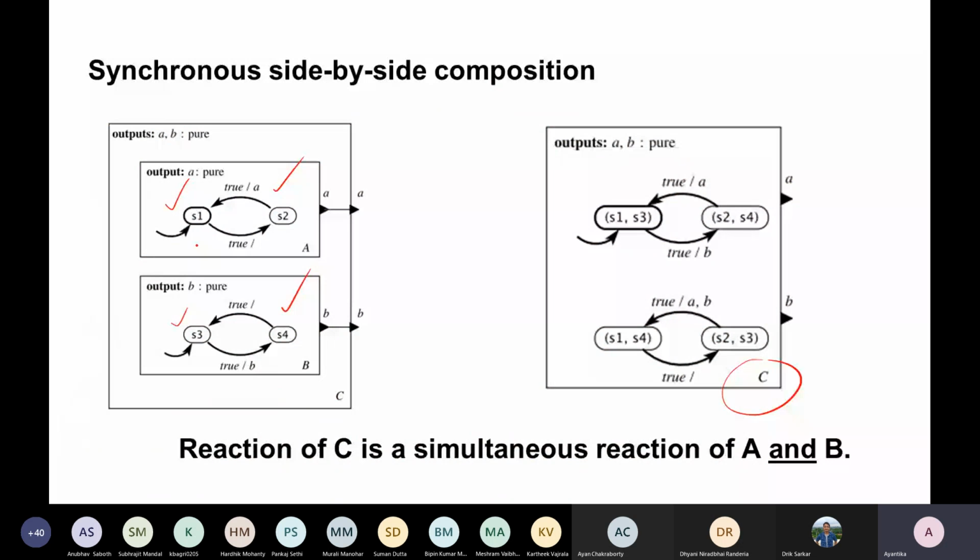S1, S2, S3, S4 means here we are considering S1, S3 to S2, S4 transitions, and here we have S1, S3 and S2, S4 transitions, or we are considering S1, S4 and S2, S3 transitions. And based on that, we are just considering these transition conditions. Okay.